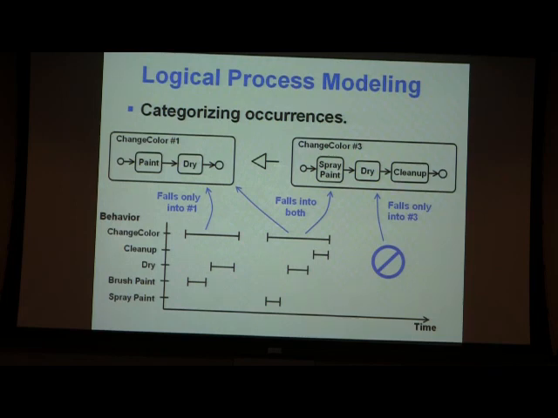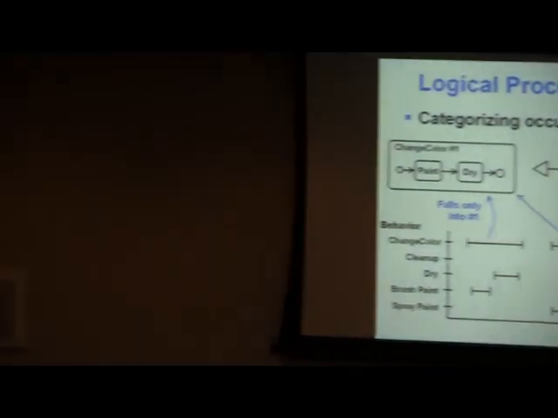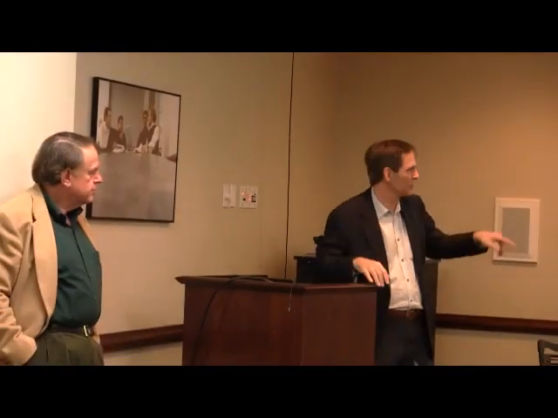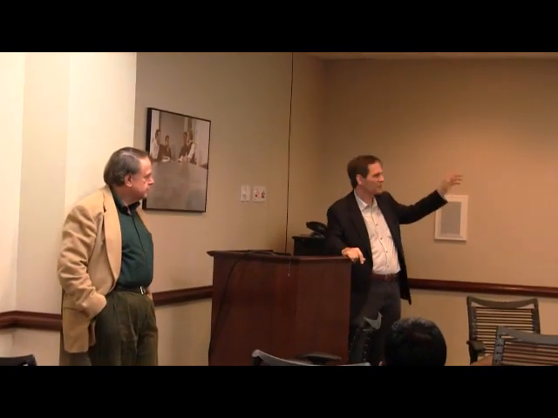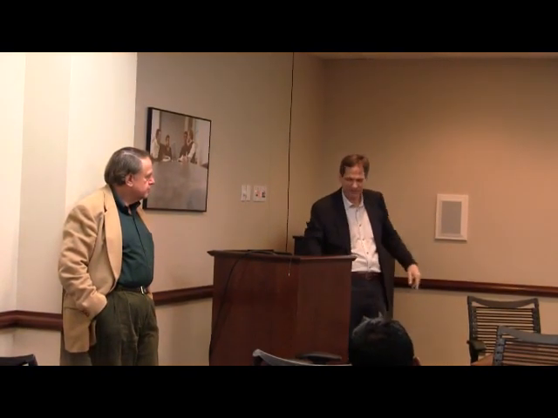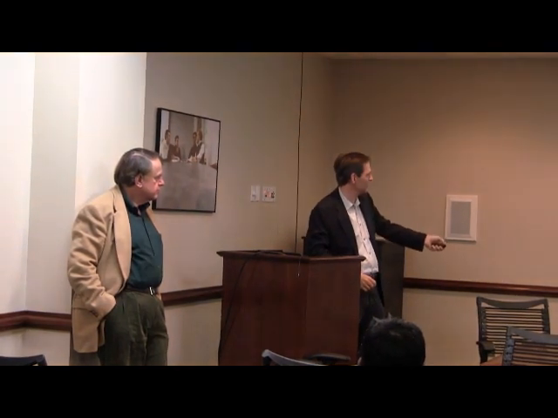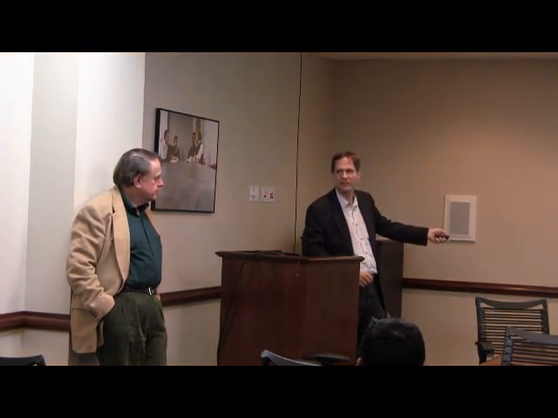And when you make a category, the concern is what you can put in the category, and with regard to behaviors and processes, what you put in is single occurrences of it. You can do one today, you can do one tomorrow, separate occurrences, and that's what those timelines are. They're meant to say, I started the change color process at this time, I ended it at this time, and it's a single occurrence.